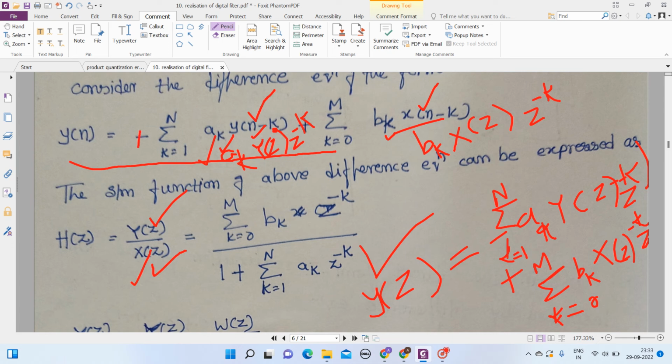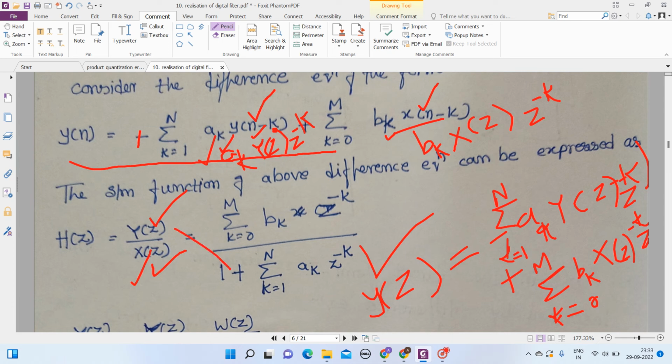Then you have to take this y of z as a common factor outside, then it becomes 1 plus summation k is equal to 1 to n a subscript k z to the power of minus k. Then this second half of the equation remains on the RHS. Then you have to separate as y of z divided by x of z.